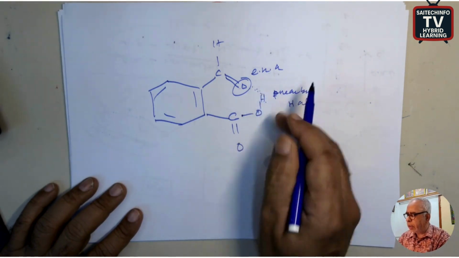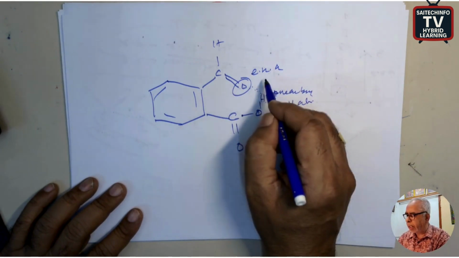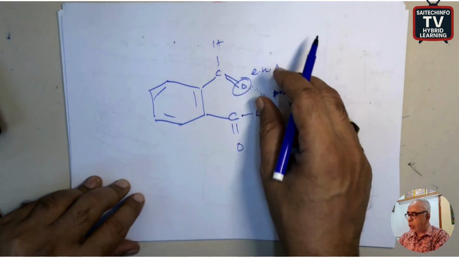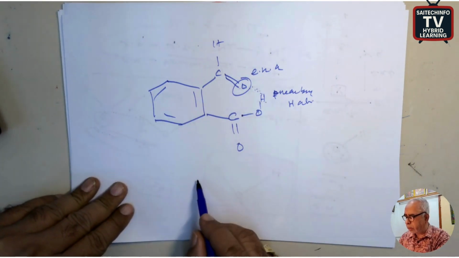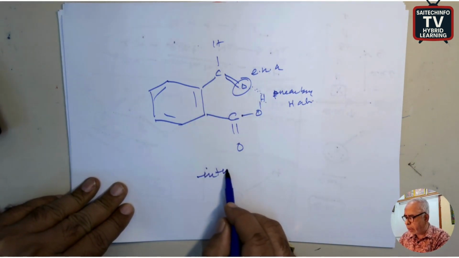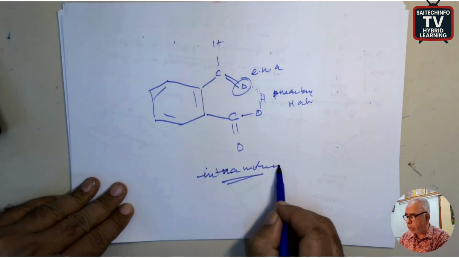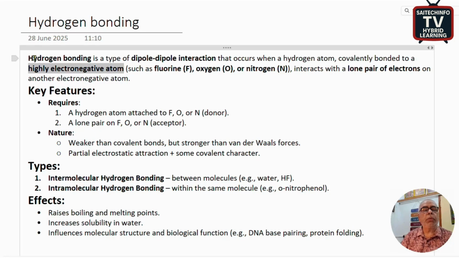So there is a chance of bond development, and that is a hydrogen bond. That hydrogen bond is called intramolecular because it takes place within the same molecule. Are you able to follow? Intramolecular hydrogen bond.